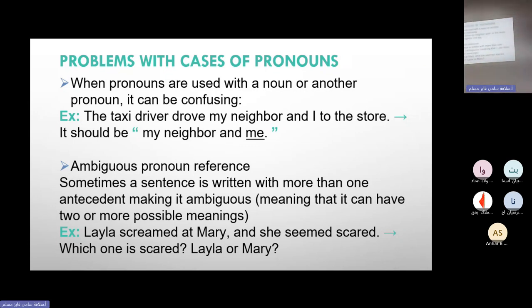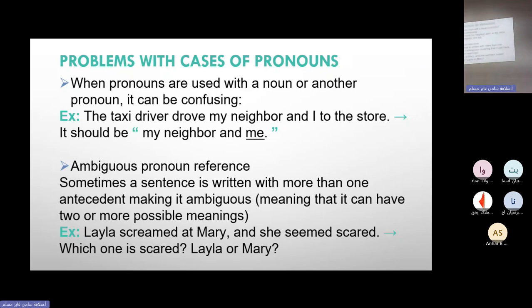اوكي. كثير من الكتاب الكبار بيوقعوا في غلطة: do I write me. Okay? So the taxi driver drove my neighbor and I to the store. Is it correct?